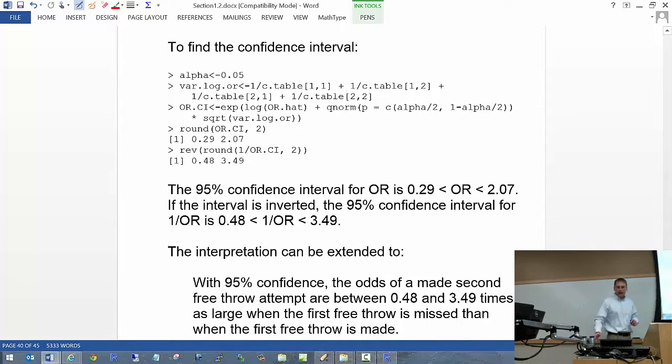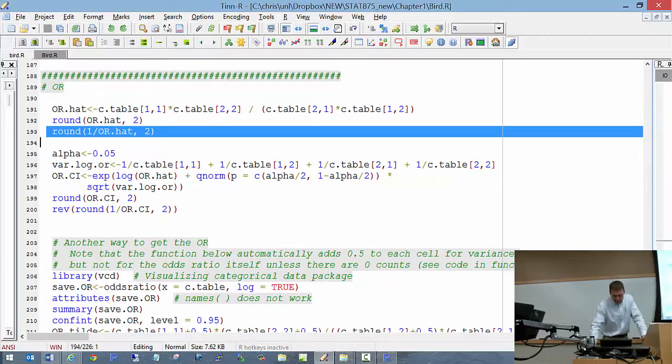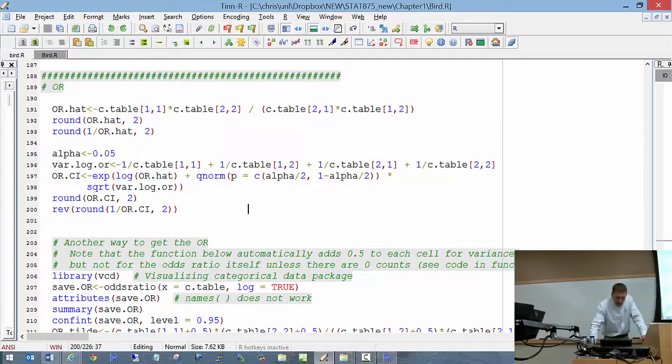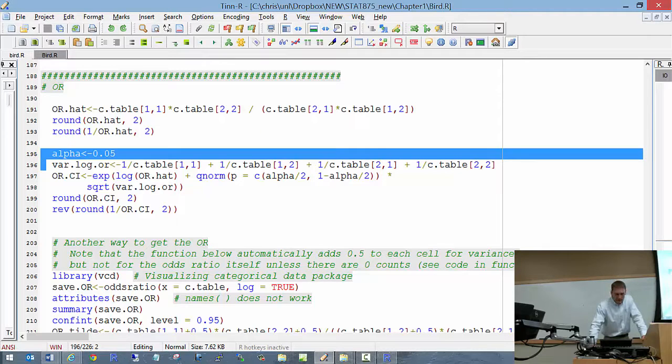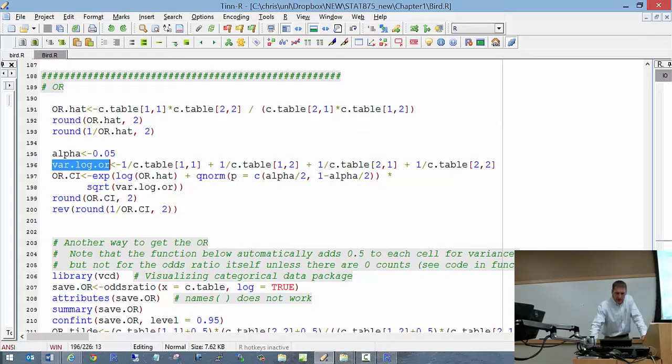So let's find the confidence interval then. So for the 95% interval, I find my estimated variance, as you might expect. I take 1 over W1 plus 1 over N1 minus W1 and so on. To find my confidence interval itself, I use the exp function for the exponential part.